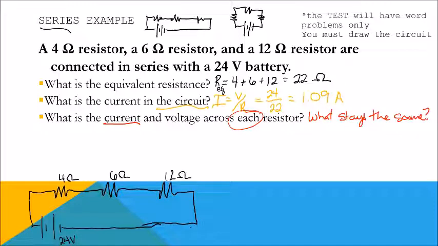So like I said, the equation is not useful for solving, but it is useful in the sense that now we know that all of the resistors have a current of 1.09 amps. And if we connected an ammeter at any point in this circuit, it would tell us 1.09 amps.